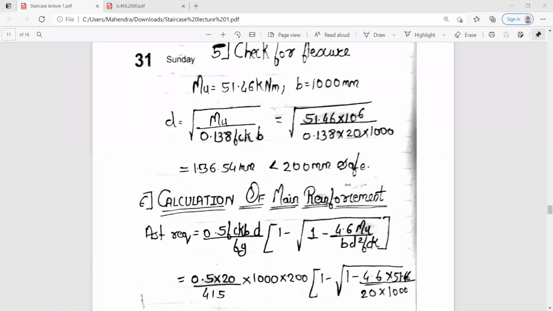We are done with step number 5. Everybody got the same answer, that is 136.54 mm.